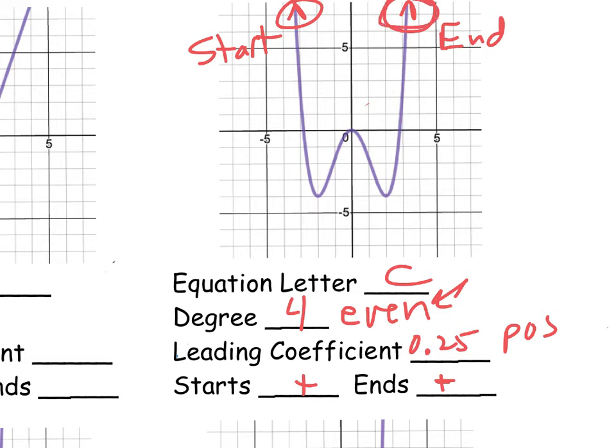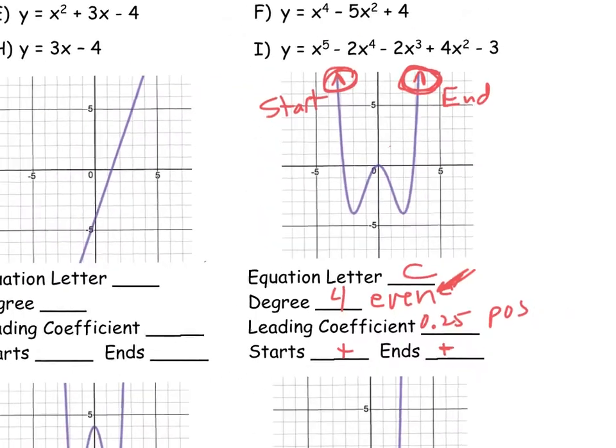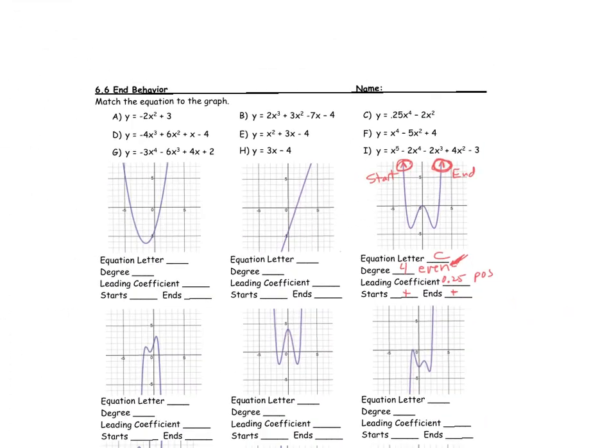The leading coefficient always tells you where it's going to end, positive or negative. And if it's positive, it's going to end positive. But because it's even, they both go in the same direction, the start and the end. Okay, it stayed with it that time, good.